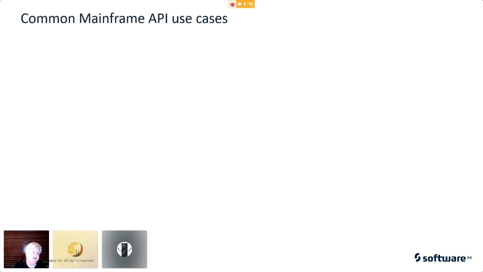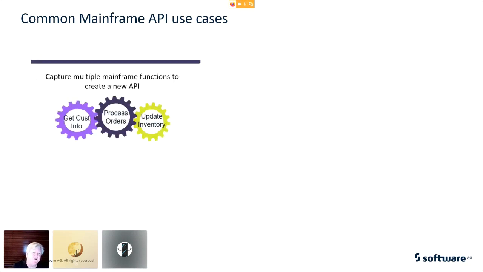So let's just talk about a couple of the common mainframe API use cases that we're seeing out there in the world today. Some things for y'all to think about. One of the challenges we hear about mainframe is it is siloed. I might have multiple different functions within a mainframe, multiple different screens that do something in a business process, but I might need to expose that entire business process out, again, for maybe a smartphone, mobile apps, those kinds of things.